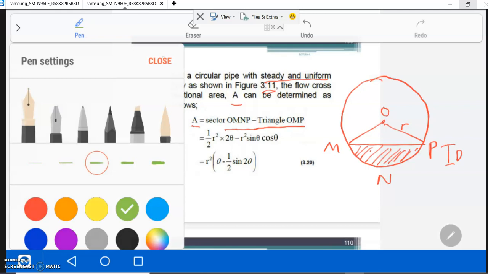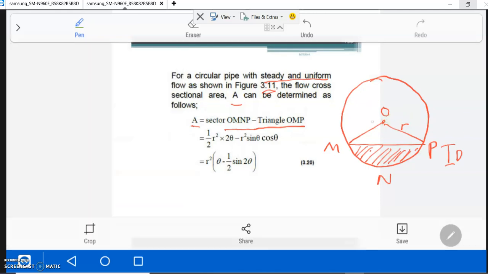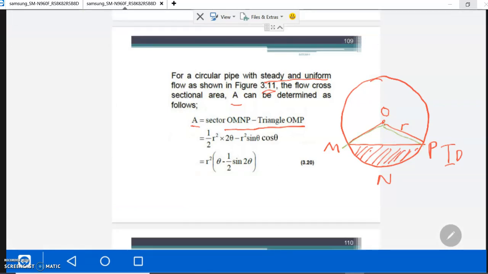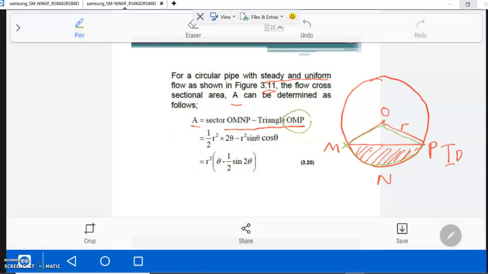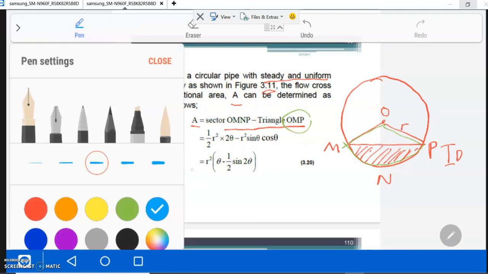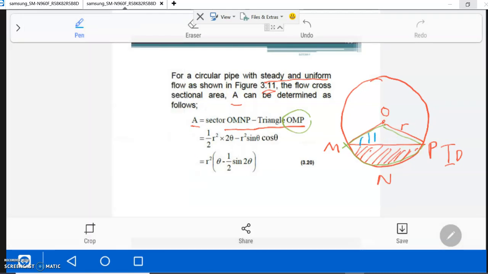Okay, so kita tengok sector OMNP is the rest, the full, this one, minus the triangle OMP. Triangle OMP is this one. Triangle kan, segitiga. Okay, so yang green minus blue, so we will get the red area.